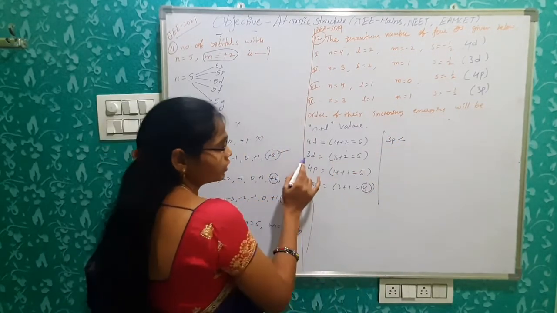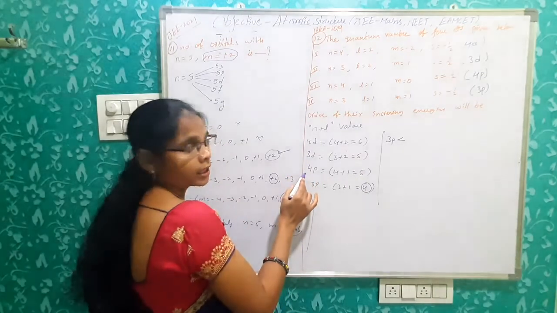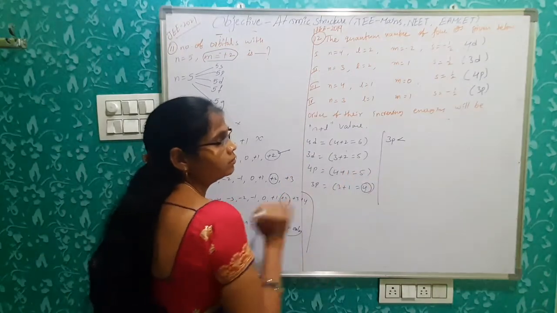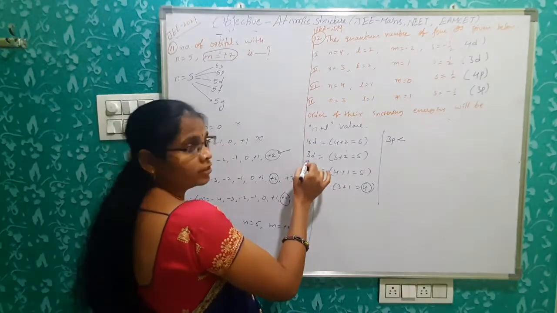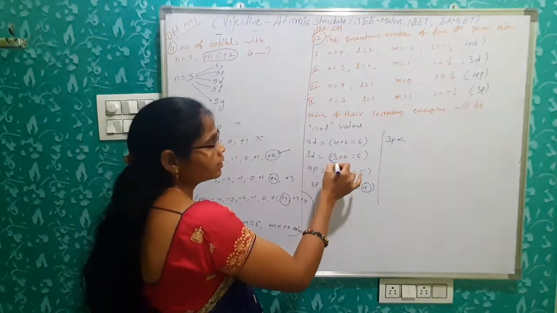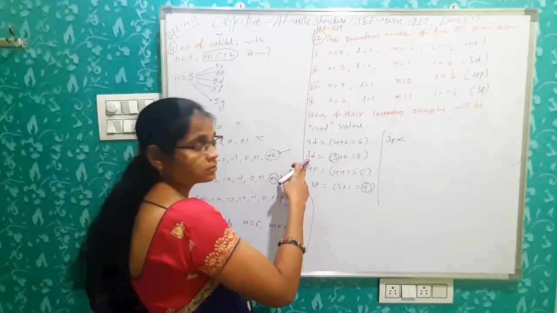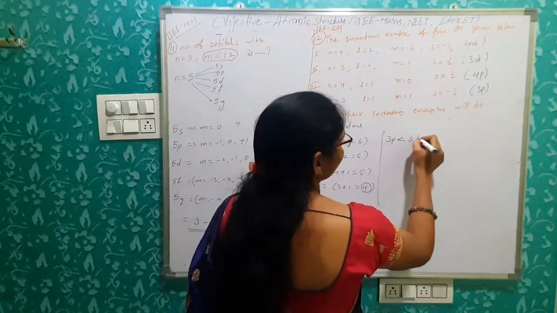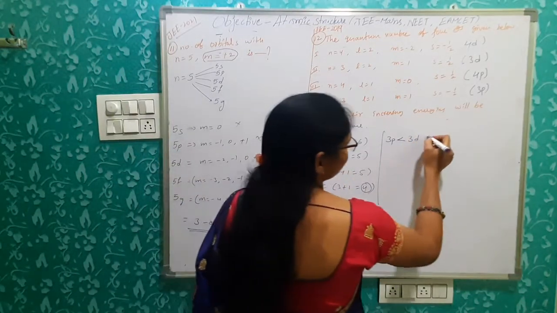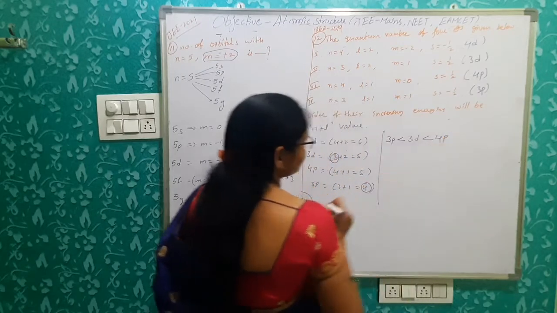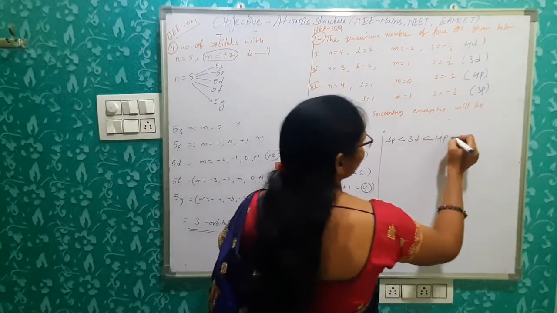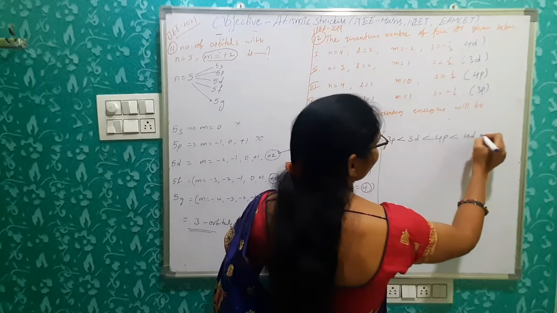Next is 5. For both 3d and 4p orbitals, the n plus l value is 5. So which will come first? The one with the lower n value will come first: 3d. Next 4p. Next, 4d.